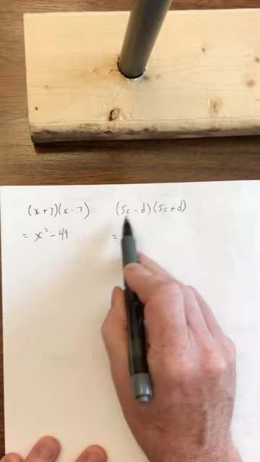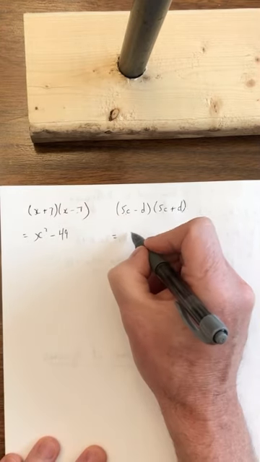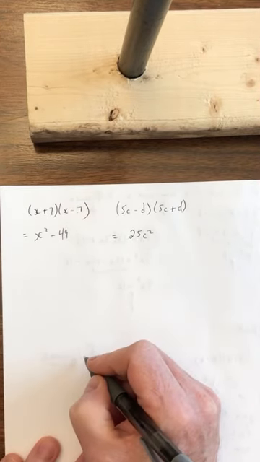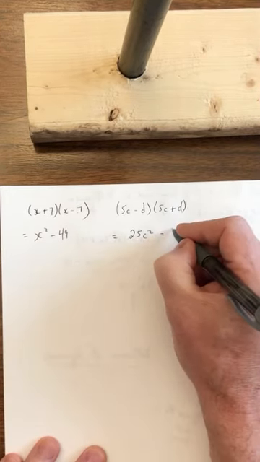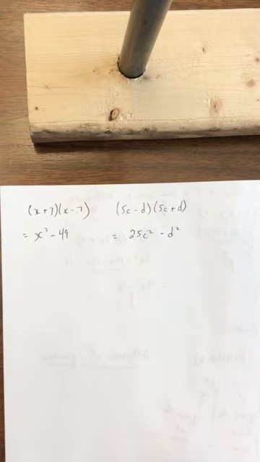So square the first term here. We have 25c squared, and we have minus d squared. That's all there is to it.